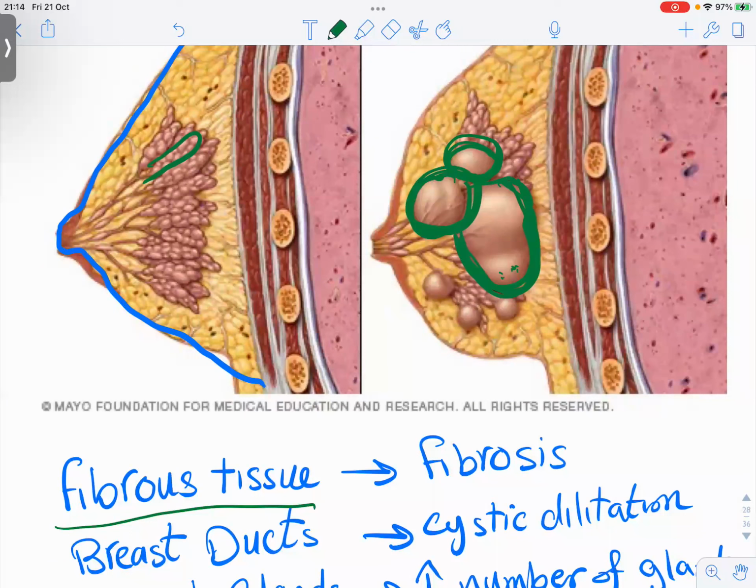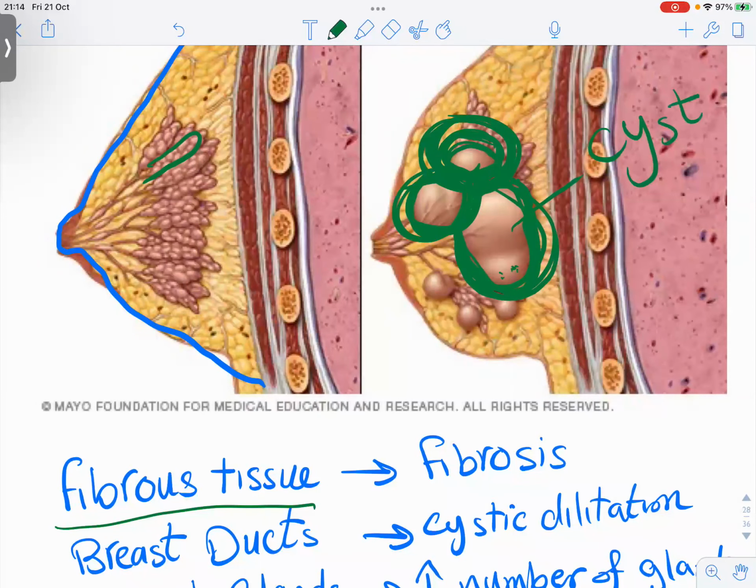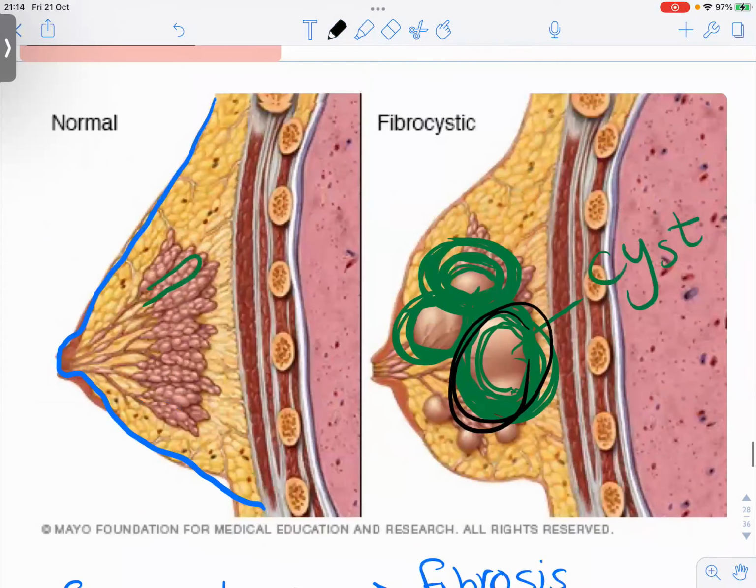So what we call in pathology, if we have fibrous tissue surrounding some dilated ducts, we call it a cyst. Cyst means that there is a dilated area surrounded with fiber. And because we have fibers here, we call it fibrocyst.